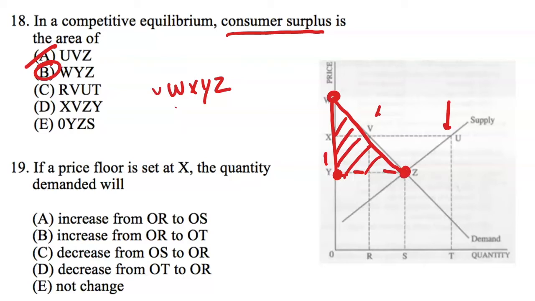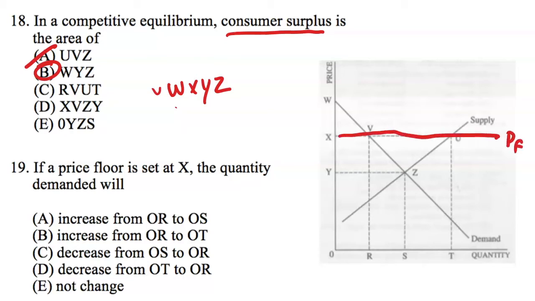And so that brings us to question number 19. Question 19 asks, if a price floor is set at X, the quantity demanded will do what? Remember, a price floor is only binding, or effective, if it is placed above equilibrium. So if we place the price floor at X, is this a binding price floor?